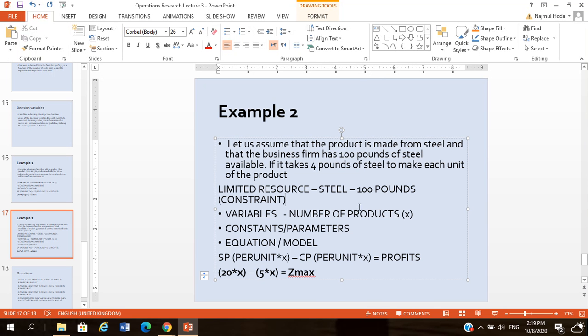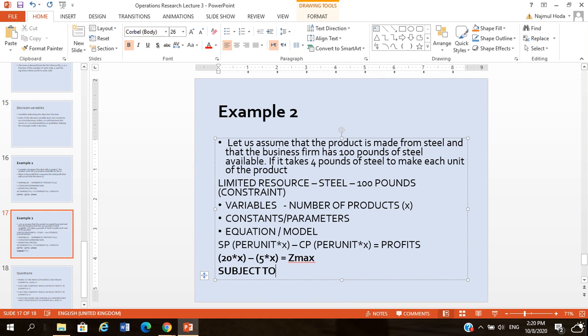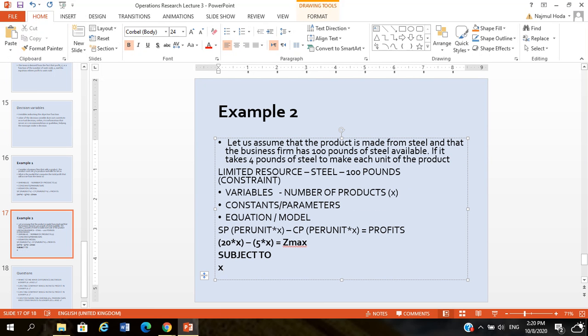But what will happen is Z max will be subject to the value of x cannot be more than, it has to be less than how much? 100 by 4, 25 only.